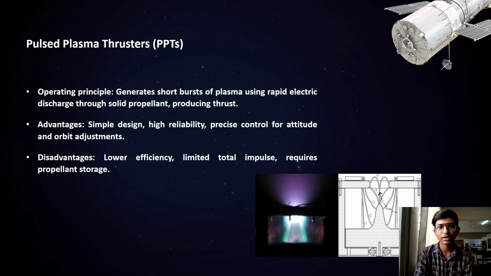PPTs excel in applications requiring precise control for attitude and orbit maneuverability. However, their lower efficiency, limited total impulse, and need for propellant storage make them less suitable for missions demanding high thrust or extended operation.